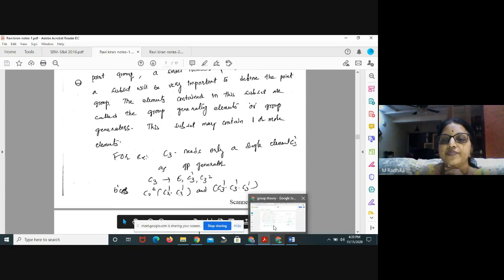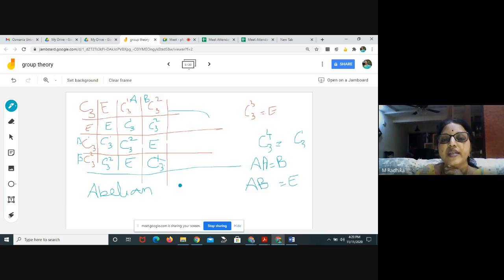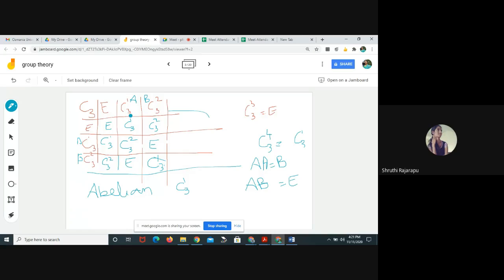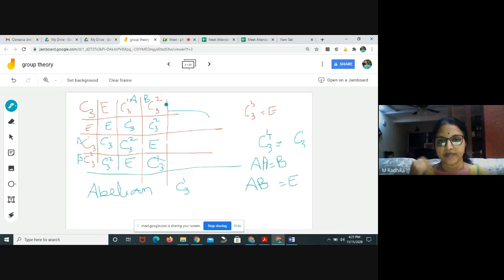So what I'm telling is, in the C3 point group, C3^1 is important. Is it fine now? So what I am doing now, I will take this C3^1 and multiply.